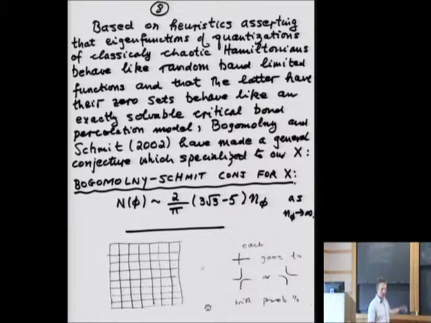I now want to tell you a conjecture of Bogomolny and Schmit. Bogomolny is this really brilliant mathematical physicist who makes fantastic conjectures. He's also the Bogomolny from Yang-Mills theory, the Bogomolny equations, but he turned to the behavior of eigenfunctions in quantizations of classically chaotic systems.